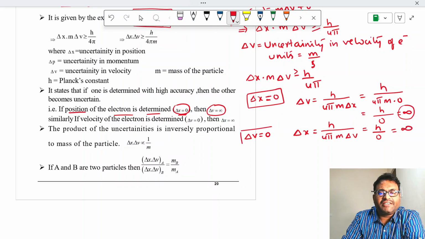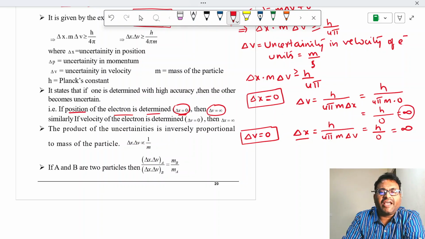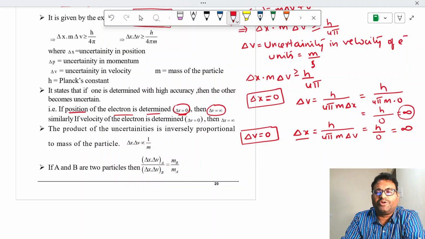If we exactly calculate the velocity, then the error in the position will be infinity. So if one has less error, the other will have more error. Both the position and velocity cannot be calculated exactly at the same time. That is what Heisenberg uncertainty principle says.